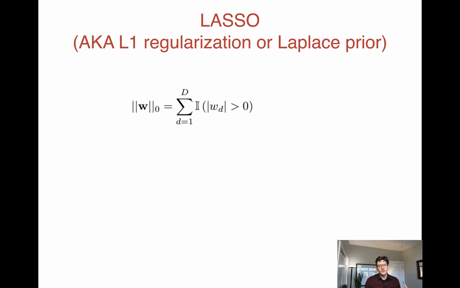Because if we could, in the perfect world, if we could perfectly figure out which are the features that contribute and set all of our other weights to 0, that would greatly improve our prediction performance, because that greatly reduces our ability to overfit. Because we're fitting with a much smaller number of features, we have a much smaller number of weights for our prediction. So goal number one is just to improve prediction performance.